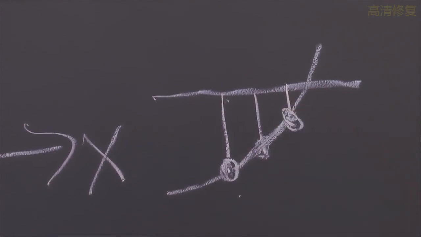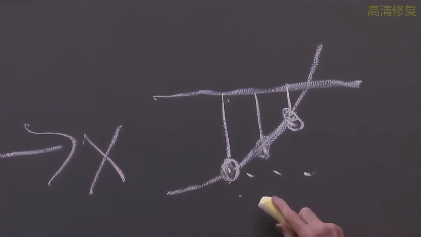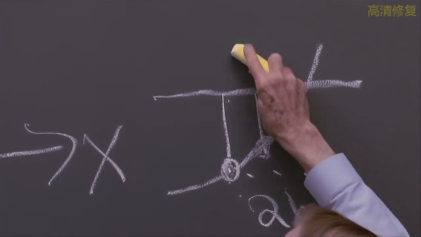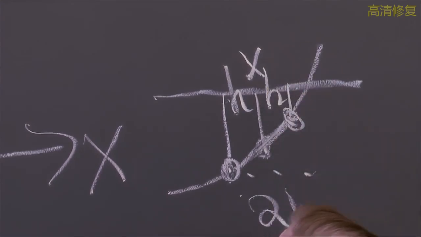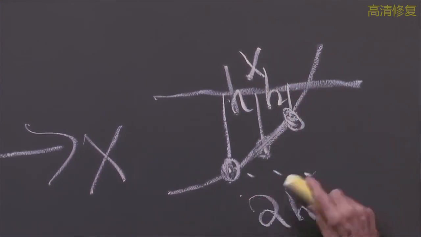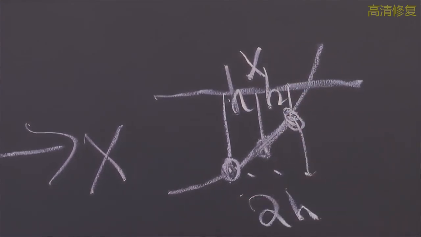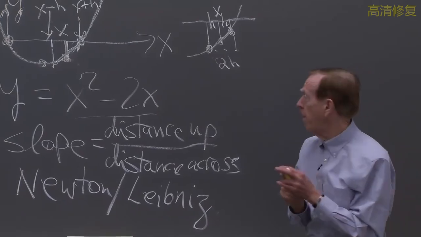Everybody sees that? We can find its slope because we know that the distance across is 2h. You remember, this was x, and this distance was an h, and this distance was an h. So the distance across is 2h, and I just want to find the distance up.